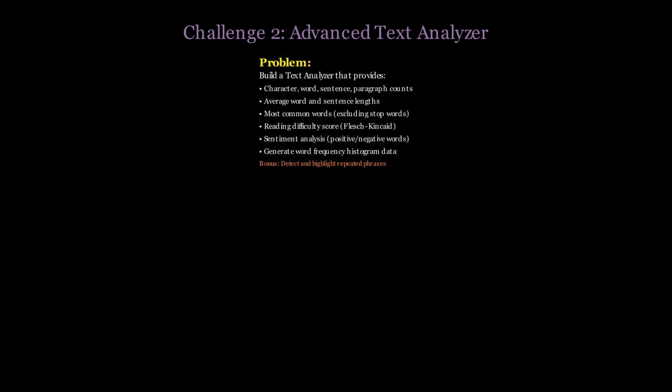Find most common words while filtering out stop words like the and a. Implement Flesch-Kincaid reading difficulty scoring. Add basic sentiment analysis by counting positive and negative words. Generate word frequency data for visualization. Bonus. Detect repeated phrases for style analysis. This combines string processing, statistics, and algorithms.